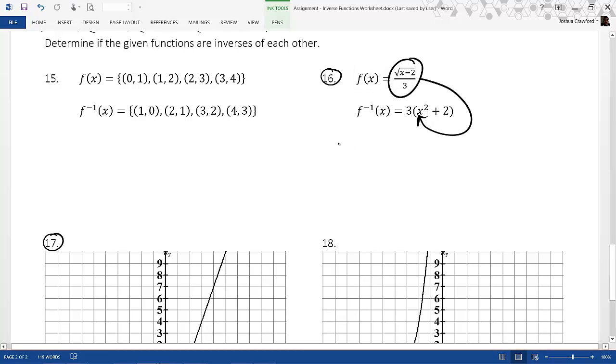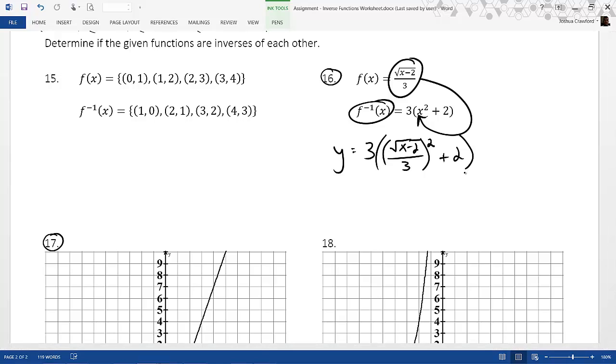Let's replace this with y. So we'll have y equals 3 times the quantity square root of (x minus 2) divided by 3, squared, plus 2. Now we need to simplify. Let's square the inside of our parentheses.